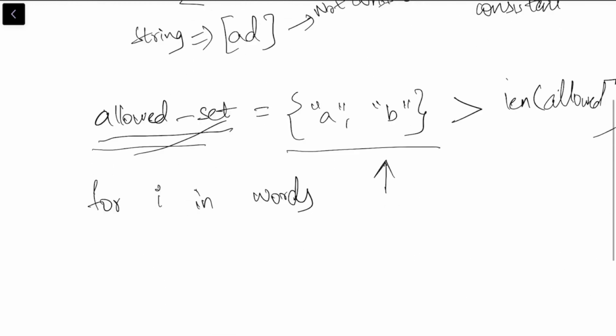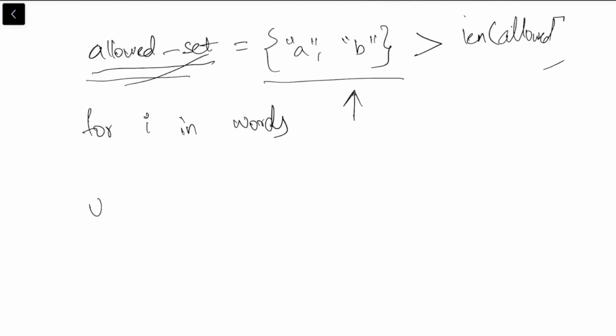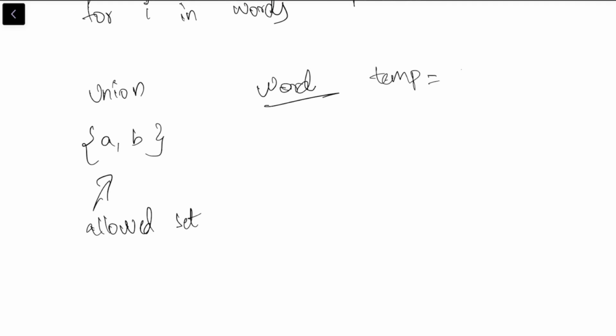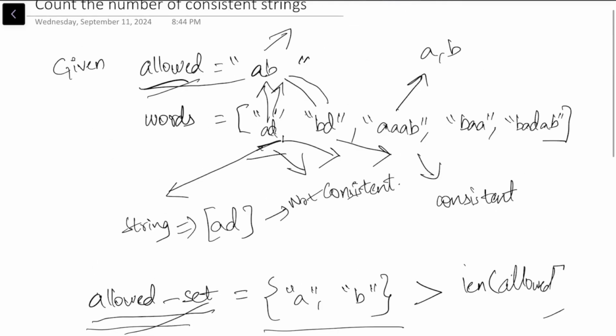What does this actually mean? You use the union operator here. You have the allowed set, which is AB, and for each and every word you'll create a set. Let it be temp. Temp is AD, the first string.